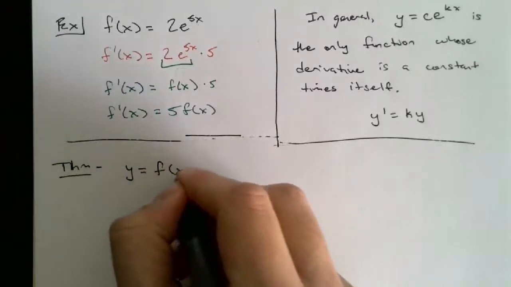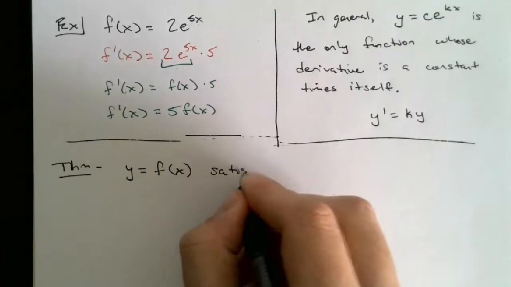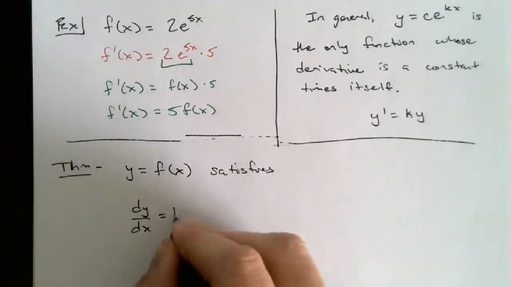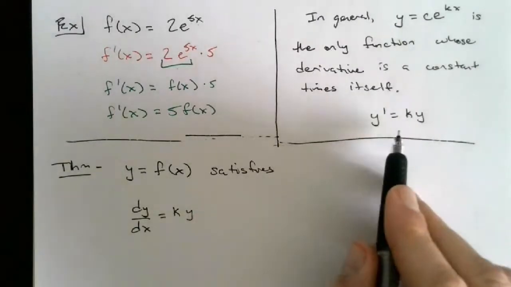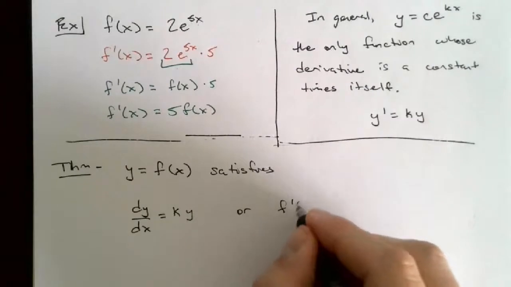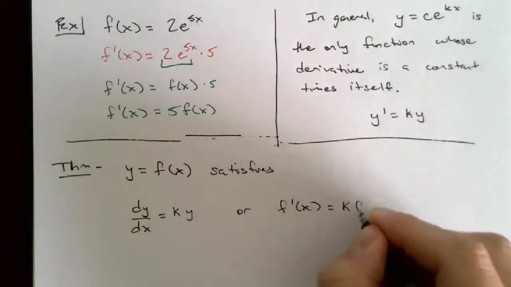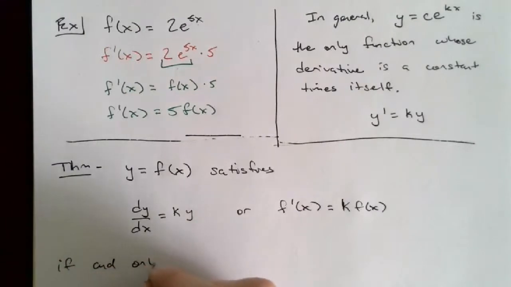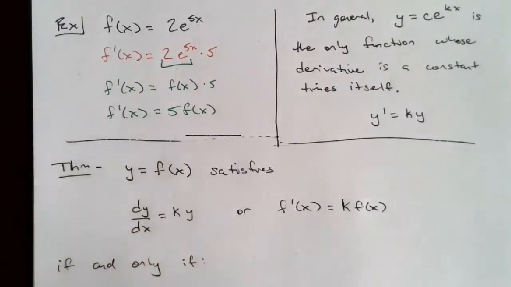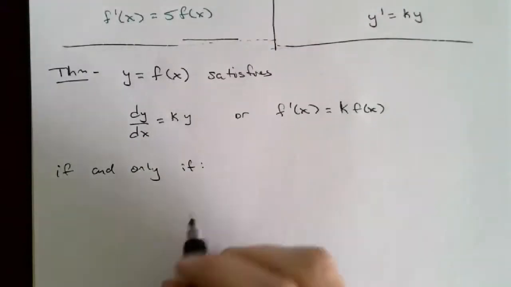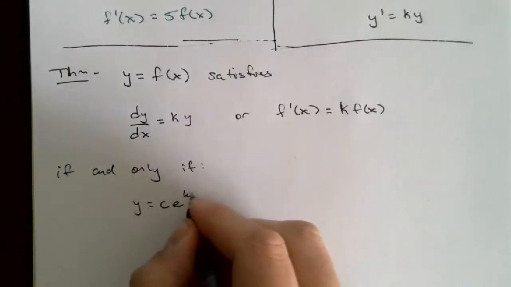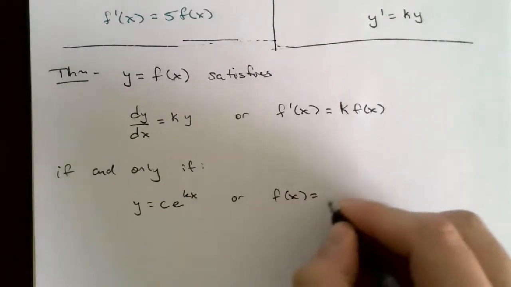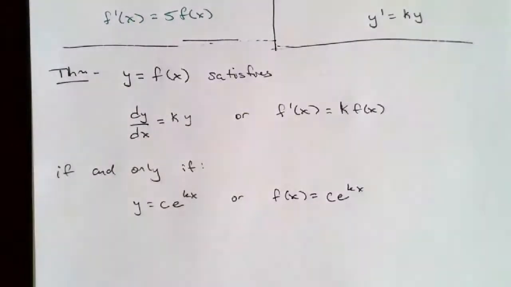The theorem says y equals f of x satisfies dy over dx equals k times y, or f prime of x equals k times f of x, if and only if the original function has the form y equals ce to the kx, or f of x equals ce to the kx if you're talking about f prime being the derivative.